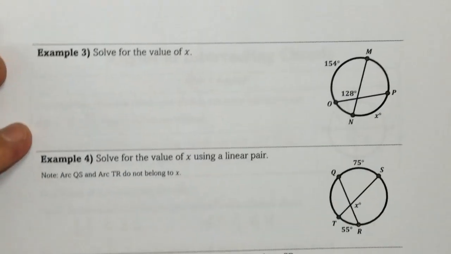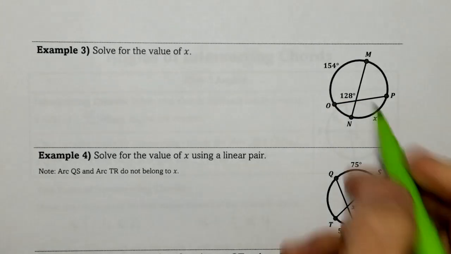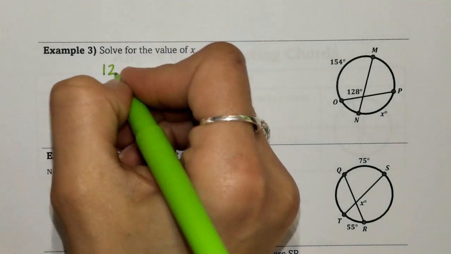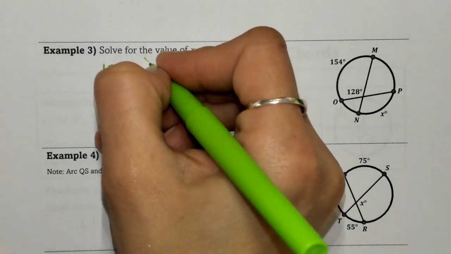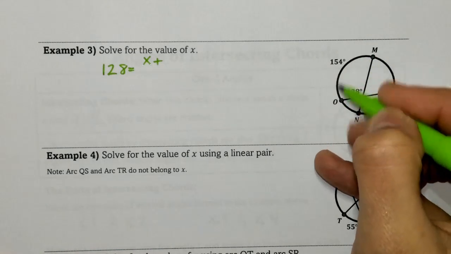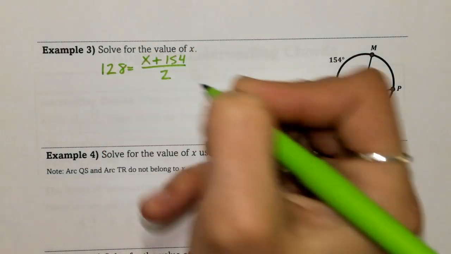All right, let's keep looking at different examples here. We're going to look at another one just like that. We have the angle measurement, so we're going to need to work backwards. We set that 128 equal to x plus the other arc over here, 154, all divided by 2.